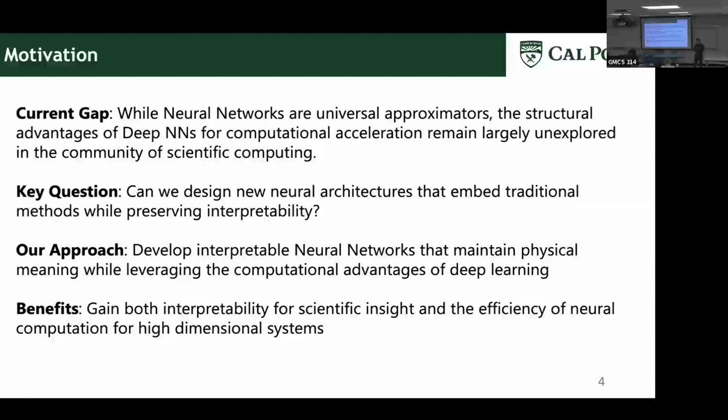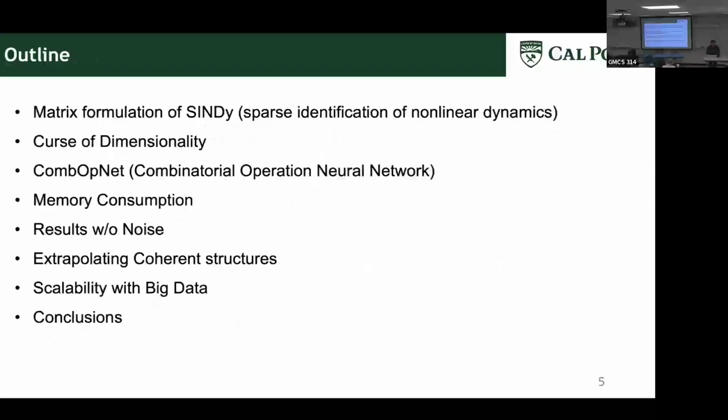The network itself would give us interpretable predictions, and looking at the weights, it is understandable what each neuron and each weight is doing. That brings up our approach: develop this interpretable neural network, called CombOpNet, or Combinatorial Operation Neural Network. Doing so, we gain interpretability and also computational efficiency for high-dimensional systems.